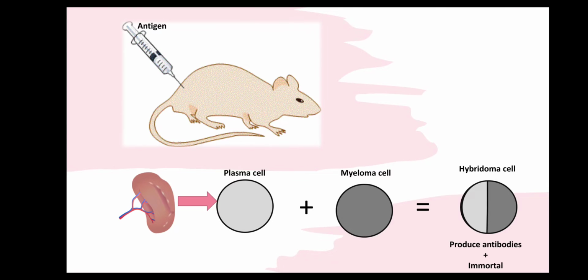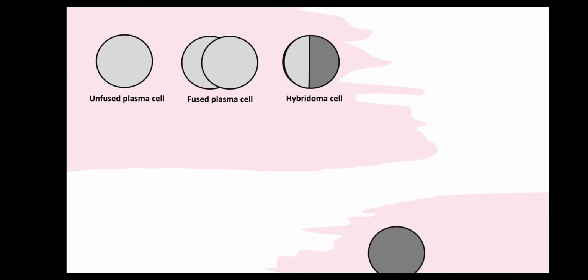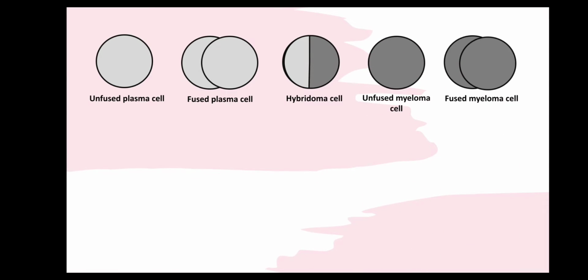As a result of random fusion, we will get different kinds of cells, that is unfused plasma cells, fused plasma cells, hybridoma cells, unfused myeloma cells, and fused myeloma cells. So it's a task to isolate only hybridoma cells among all these different types of cells.